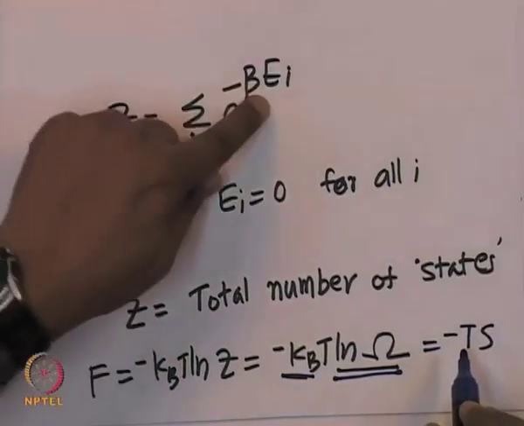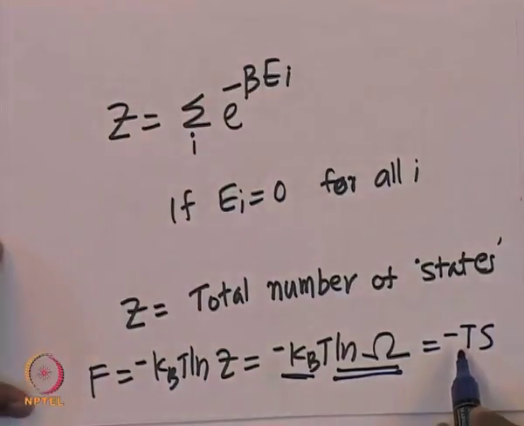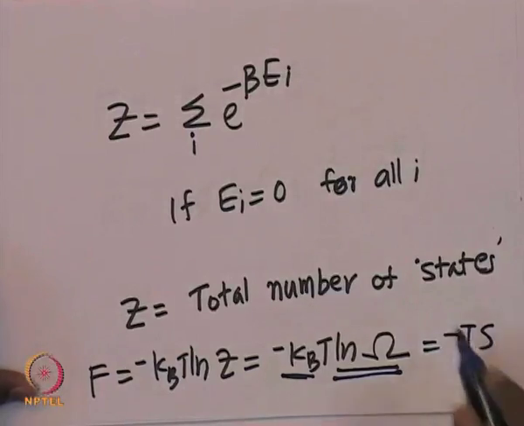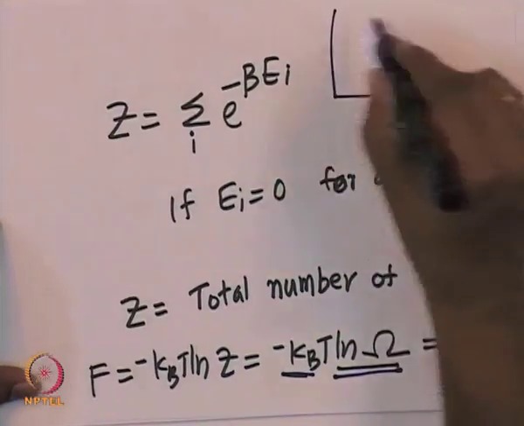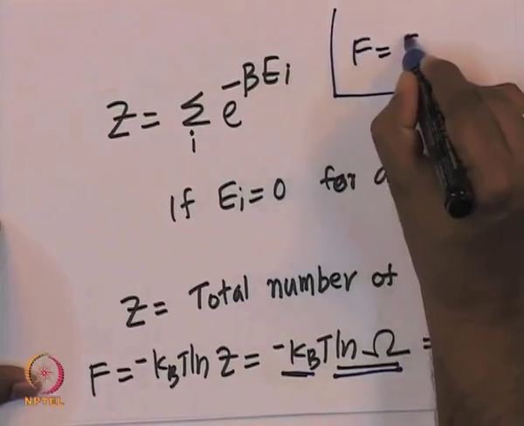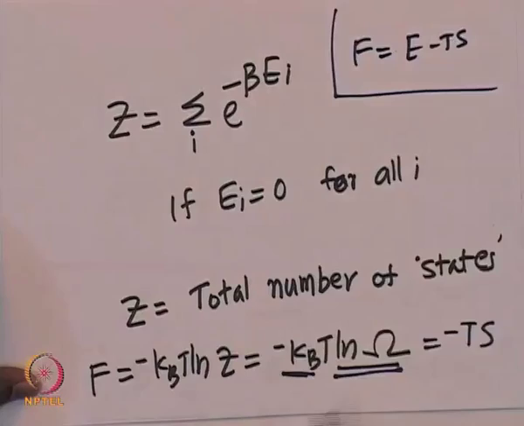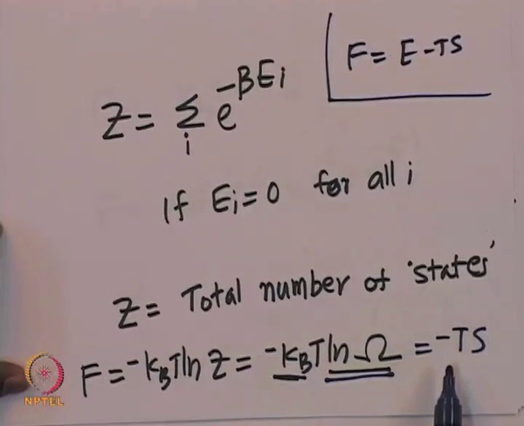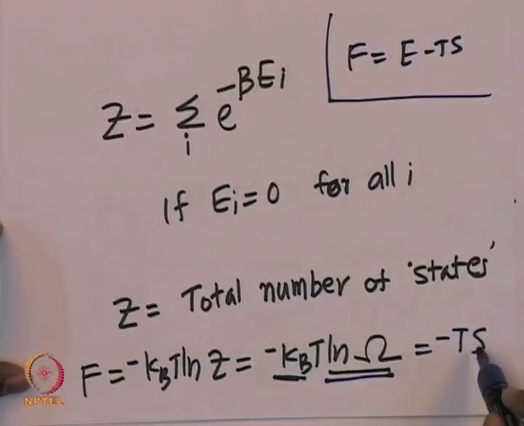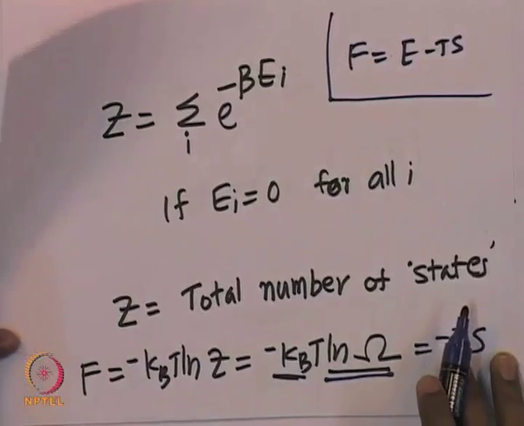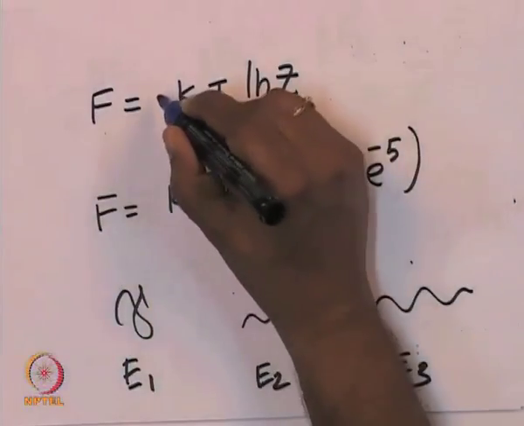So when energy is 0, the free energy has to be minus TS, because we know that F is E minus TS. We learned that F is E minus TS. So when E is 0, the free energy has to be minus TS, and we got minus TS. So we just have to say that free energy has a minus sign here.